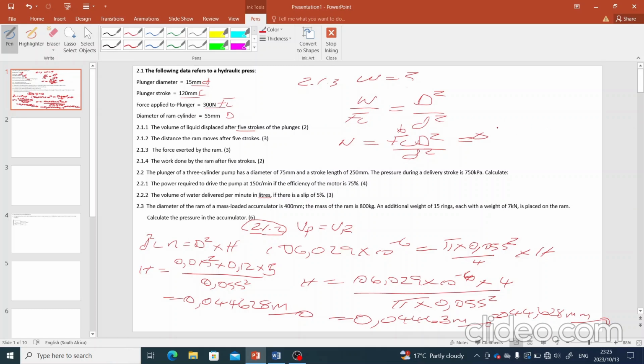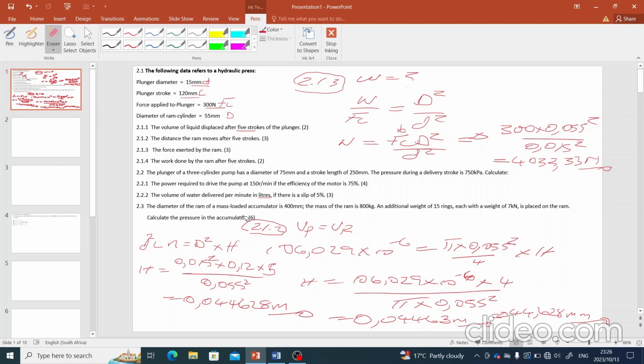It is 300. Now it will be 300 multiplied by 0.055 squared divided by 0.015 squared. Your answer there should be 4033 newtons.